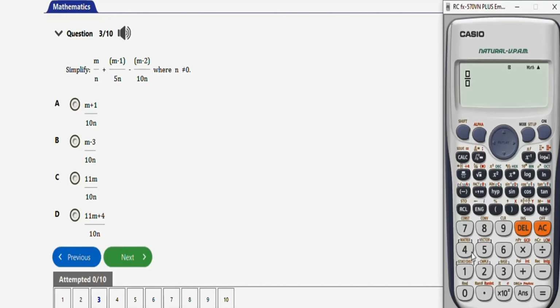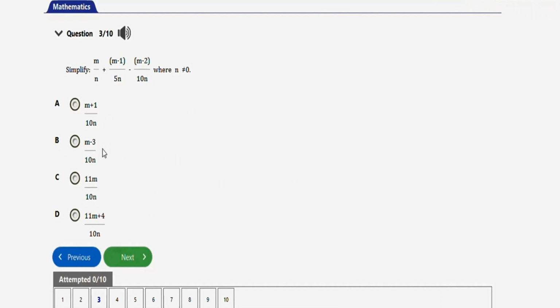So we have 11, our m is x, over our n is y. This will give us 11 over 10. Press equals, you see, the right option is option C, 11 over 10. That's 11m over 10n. So it's as simple as this, guys.